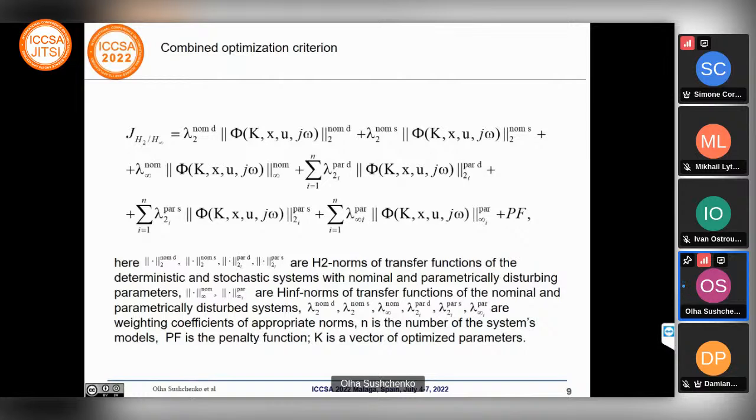In this case, the optimal synthesis should be carried out using a combined optimization criterion, taking into account both the accuracy and the robustness of the initially stabilized platform. Namely, such a combined criterion is shown in slide 9.